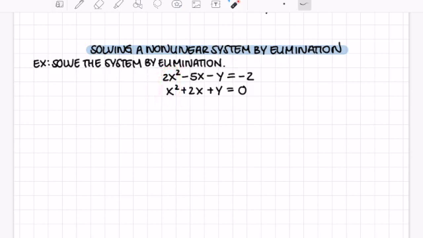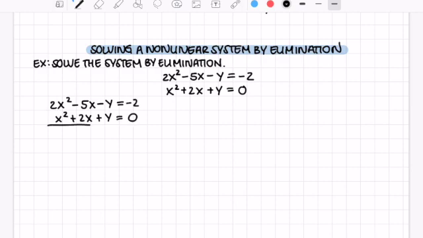So right here, if you have 2x^2 minus 5x minus y, over x^2 plus 2x plus y, and this is equal to negative 2, this equals 0. All I'm going to do is combine it together, because automatically, if you notice, that cancels out.